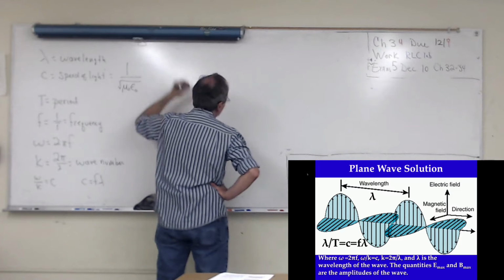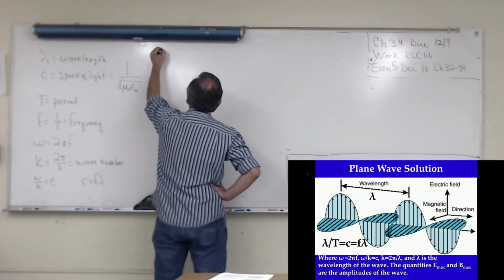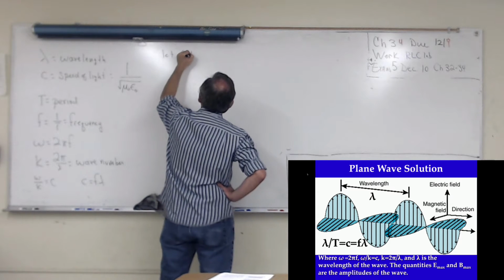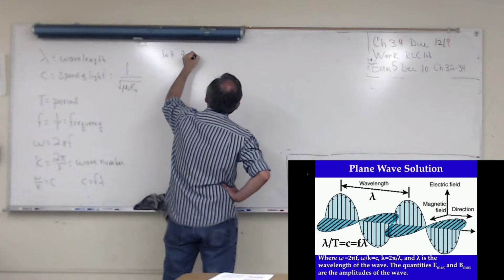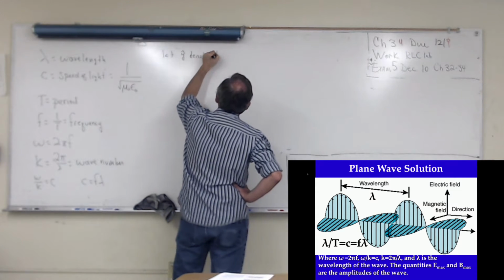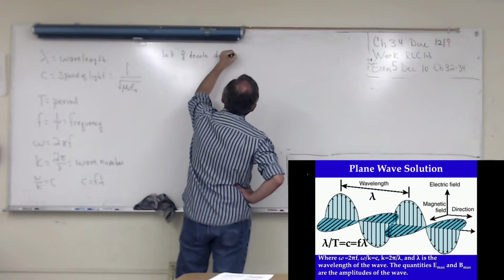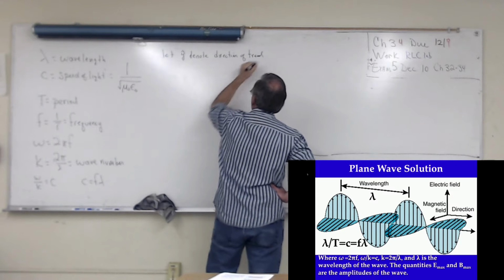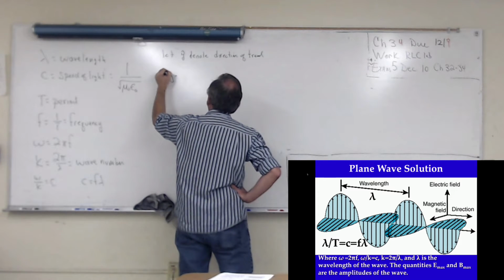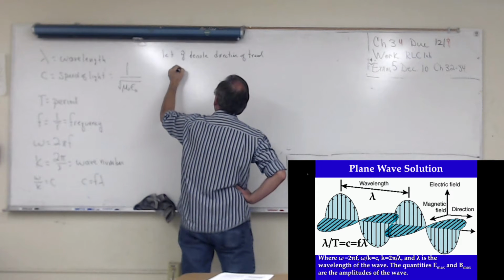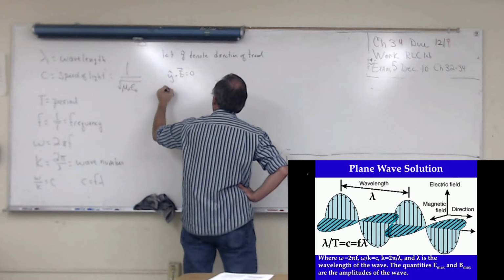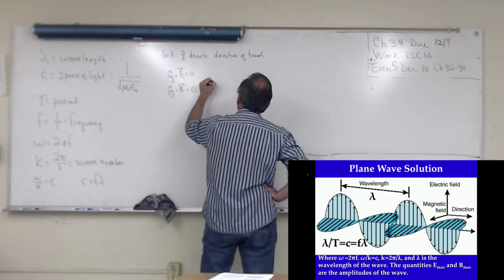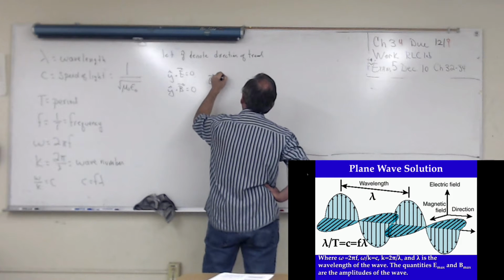So in fact, if you take the following dot products, let y hat denote the direction of travel of the wave, then y hat dot E is 0, y hat dot B is 0, and E dot B is 0.